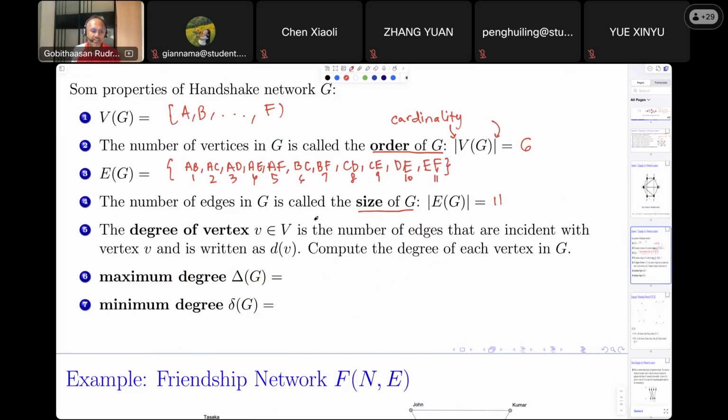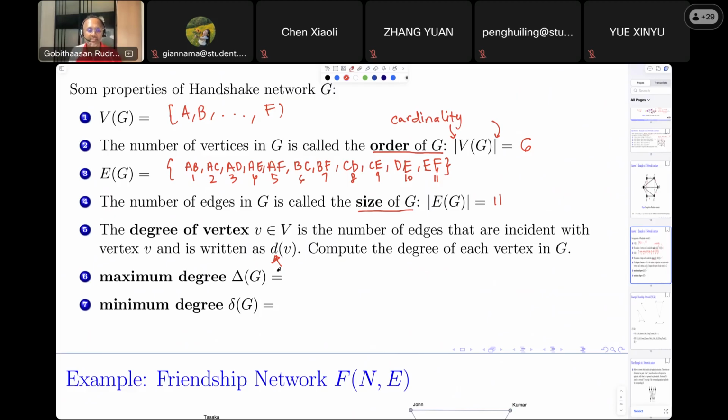The degree of vertex v, a small v of the uppercase V which represents the vertex set, is the number of edges that are incident with the vertex v and written as d(v). So basically d represents, sorry, not distance, degree.